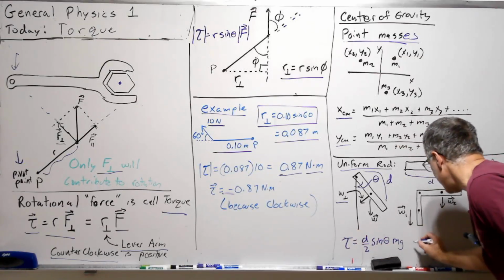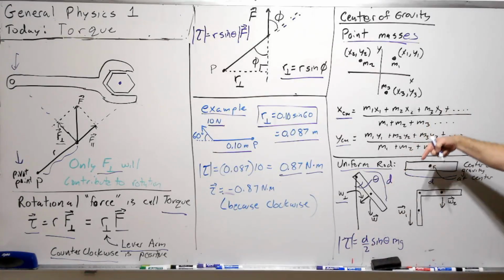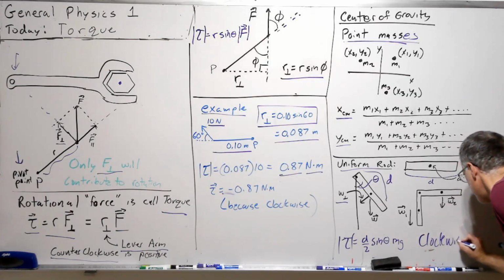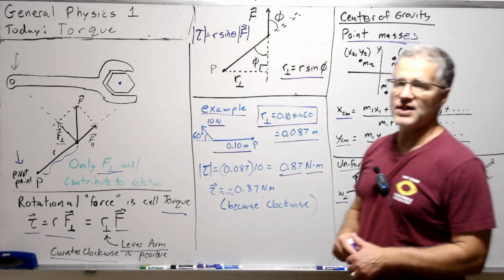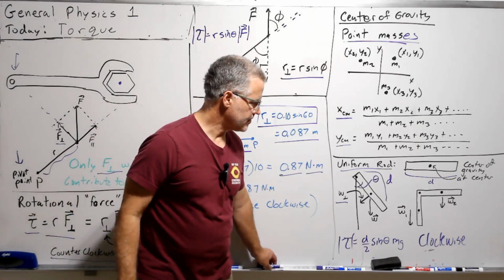And then the direction here, so this is the magnitude, and the direction would be, in this case, clockwise. So we can either write clockwise there, or we can put a negative sign.